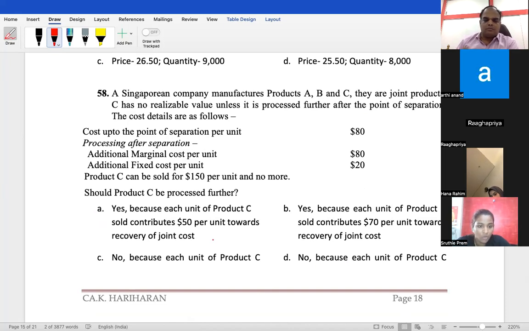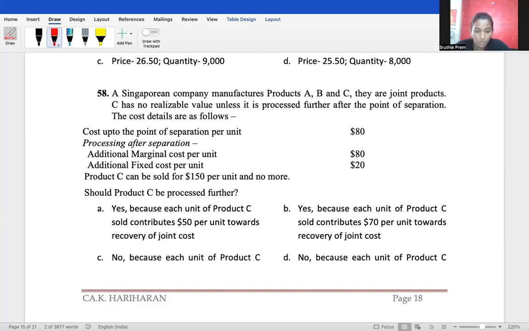Product C can be sold for $150 per unit and no more. Should product C be further processed? Option A, yes, because each unit of product C sold contributes $50 per unit towards recovery of joint cost. B, yes, because each unit of product C sold contributes $70 per unit towards recovery of joint cost. C, no, because each unit of product C.